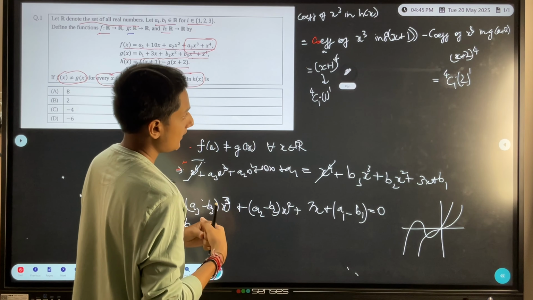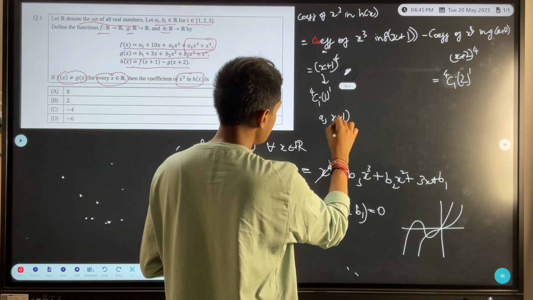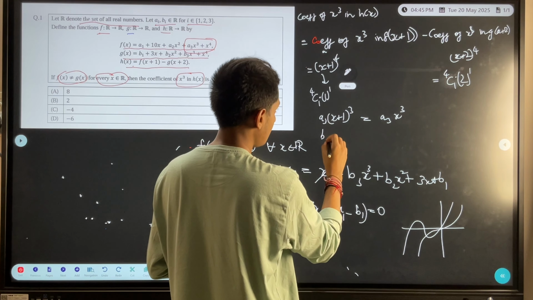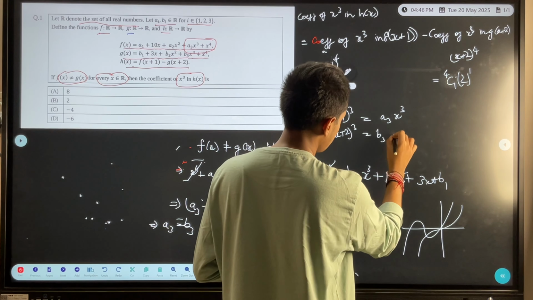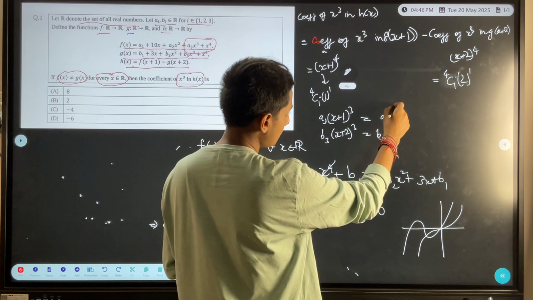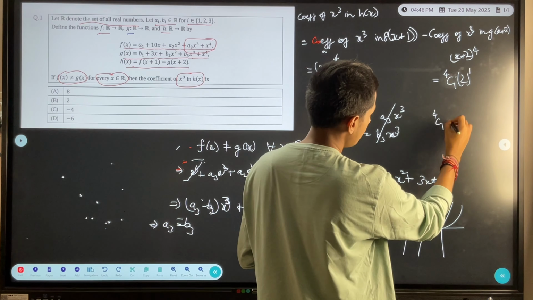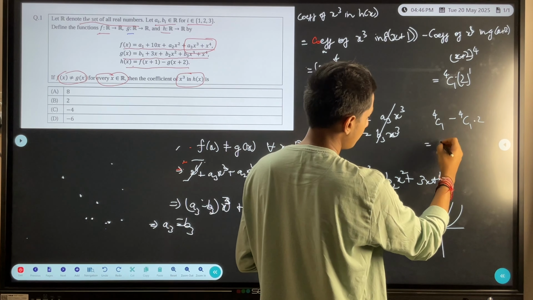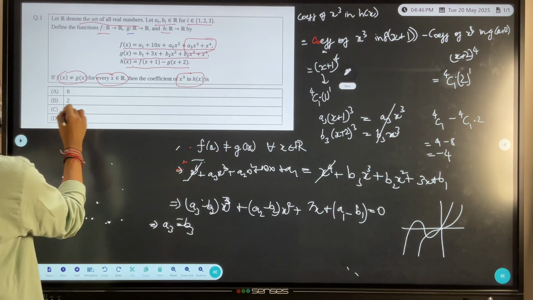And also we have a3 into (x plus 1) whole cube, which will give us a3 x cube. And for this we have b3 into (x plus 2) whole cube, which will give us b3 x cube. All right, but we know a3 is equal to b3, so these two will cancel out, and so our final answer will be 4c1 minus 4c1 into 2. This is just 4 minus 8, which is equal to minus 4. Therefore, option C is the right answer.